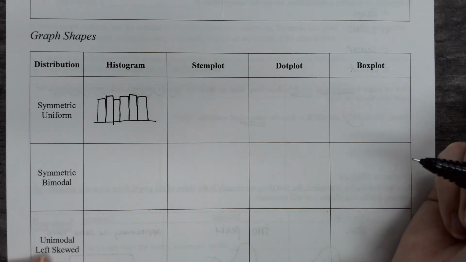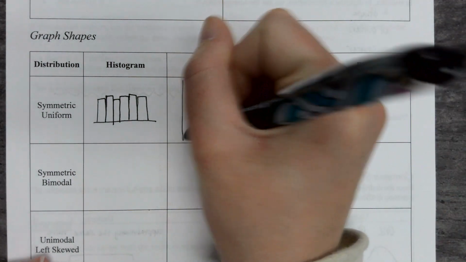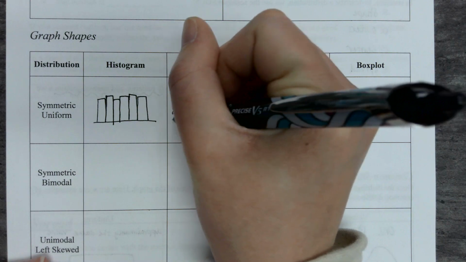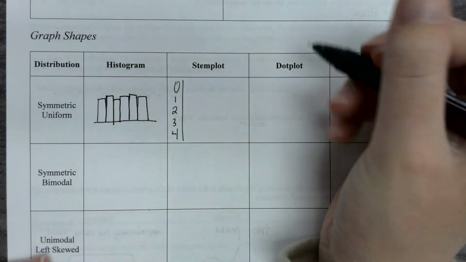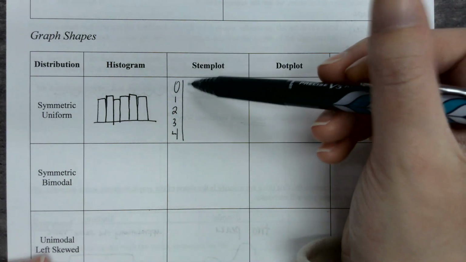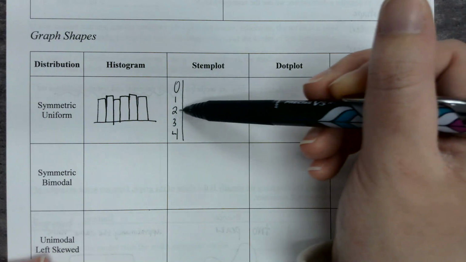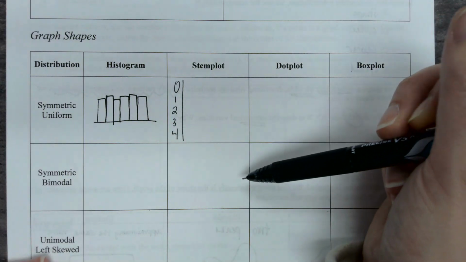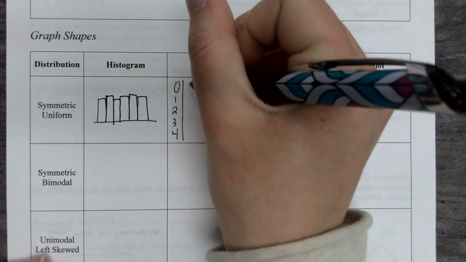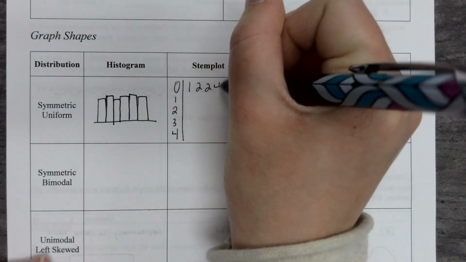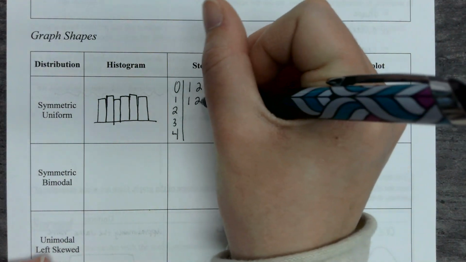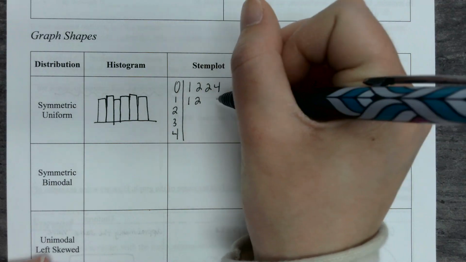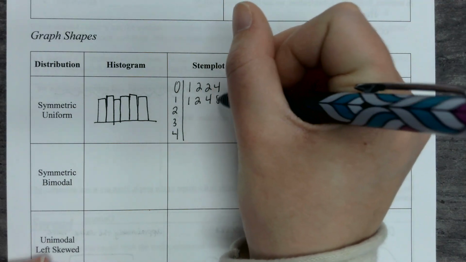Now, for our stem plot, remember we have our stems, so like 0, 1, 2, 3, and 4. And let's say if I have a uniform distribution, I'm going to have the same amount of leaves in each of my stems. So remember, this is 11, 12, 14, 15.